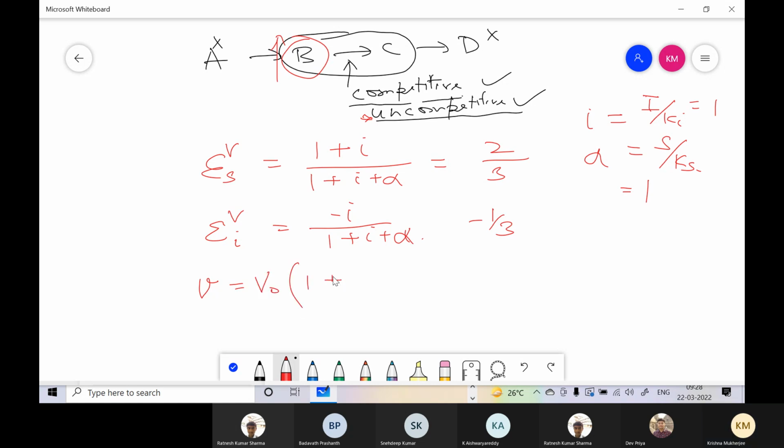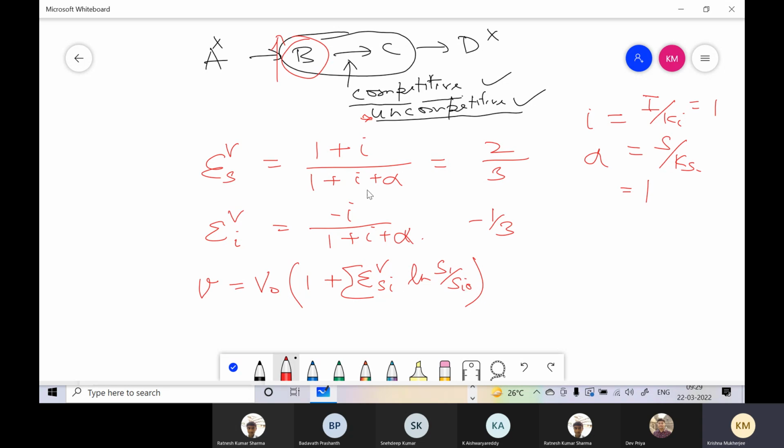1 plus summation actually, summation E V by Si, ln, instead of delta S, ln Si upon Si naught, something like this. Is this all right?